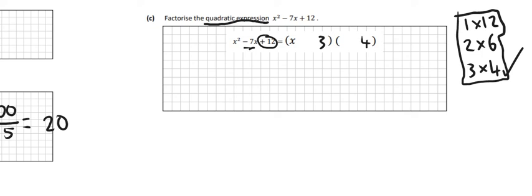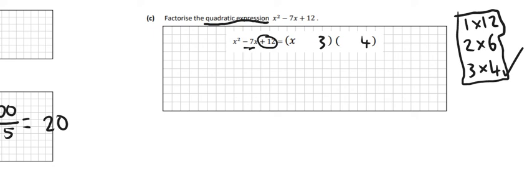Now we need to figure out if they're going to be negative or positive. So because they multiply to give me a positive, they must either be both positive or both negative, because two positives multiplied by each other gives positive, or two negatives multiplied by each other also gives positive. So they're either both going to be positive or they're both going to be negative.